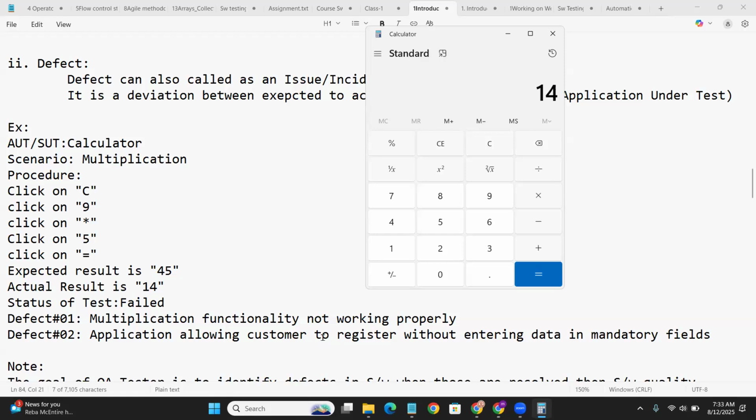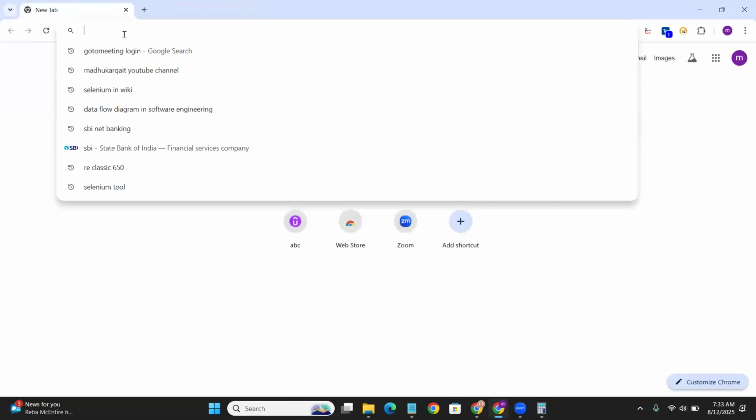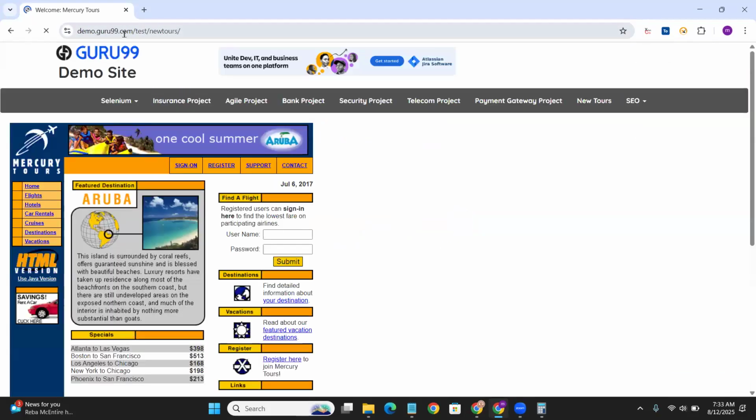Okay, another example. Now in an application like this, my scenario is that I want to test the login functionality without entering the username and password. If I test the login functionality without using login credentials, what is the expected result?